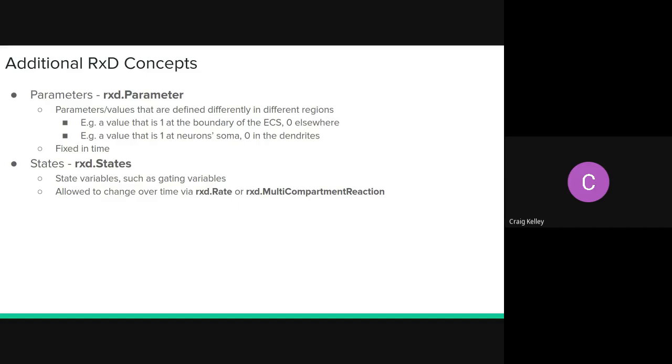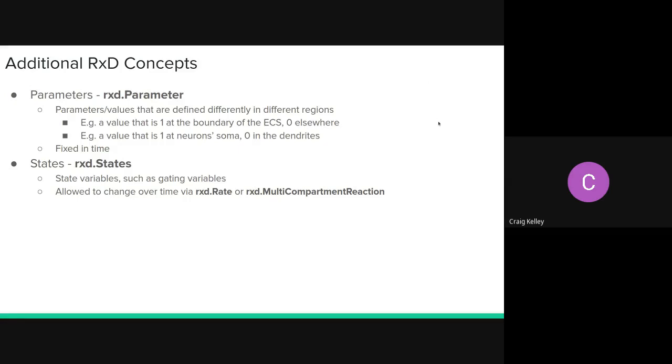So you might want to have a parameter that defines the boundary of the extracellular space, and its value is 1 at the boundary of the ECS and 0 elsewhere. You could also maybe have a parameter that distinguishes the soma from the dendrite. So, the value of the parameter is 1 at the soma, 0 in the dendrites or everywhere else.